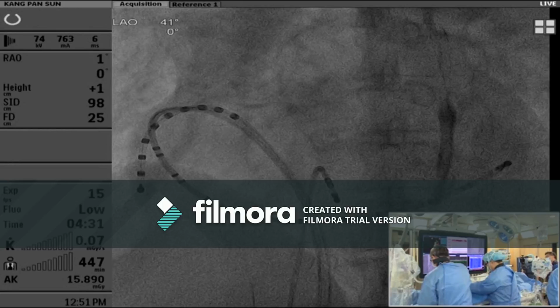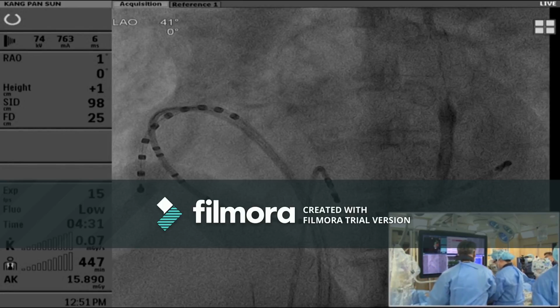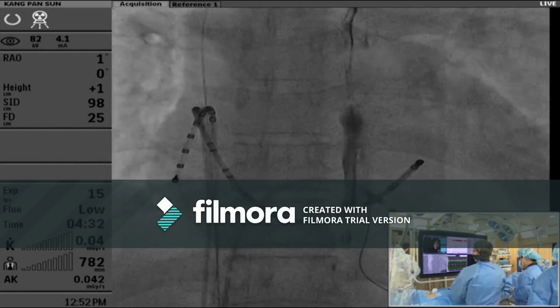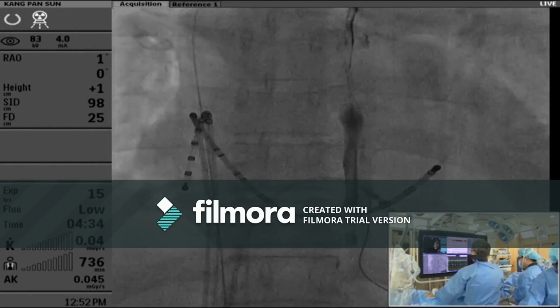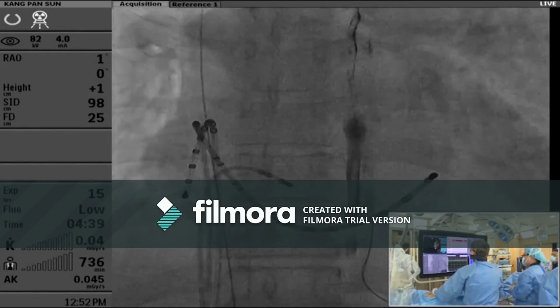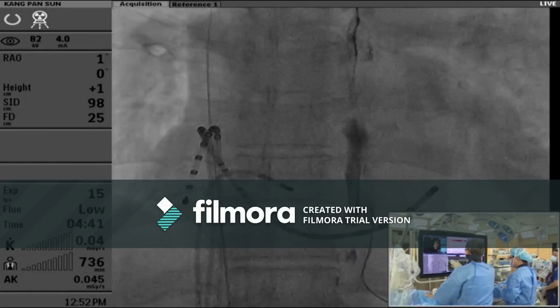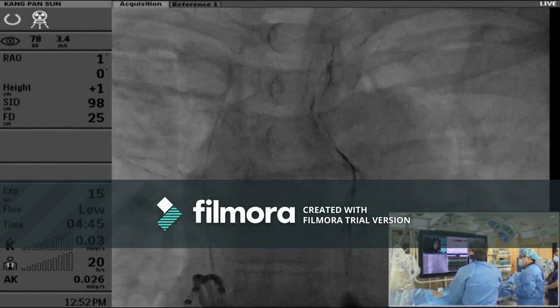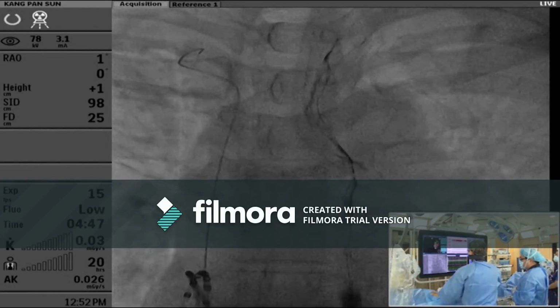Many different ways to do transseptal. One guide wire and two punctures, but we are performing most cases with two separate transseptal punctures. Okay. So initially, as you can see, let's see the Cosmo. The guide wire goes into the left brachiocephalic vein.